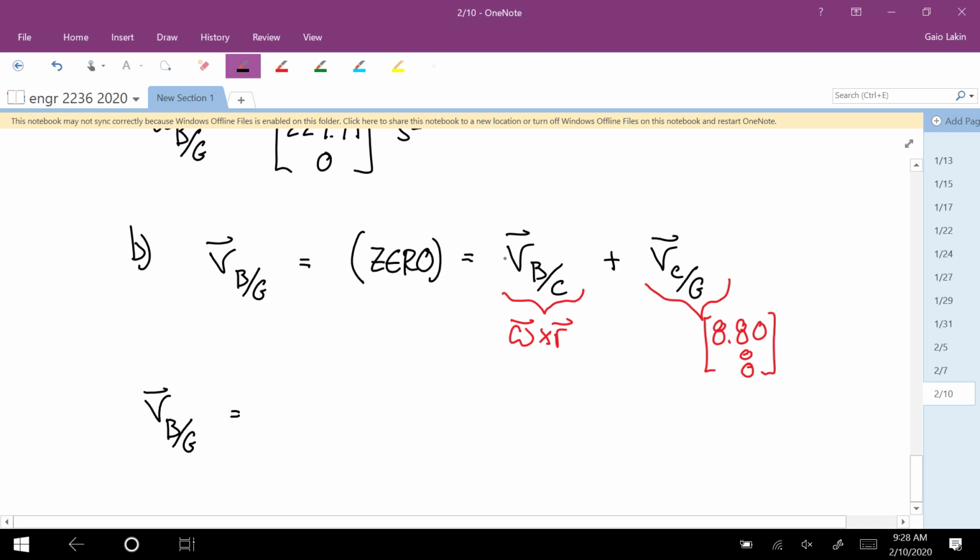So the velocity of B relative to the ground is equal to, omega was 0, 0, negative 25.88. The R vector is 0, negative 0.340.